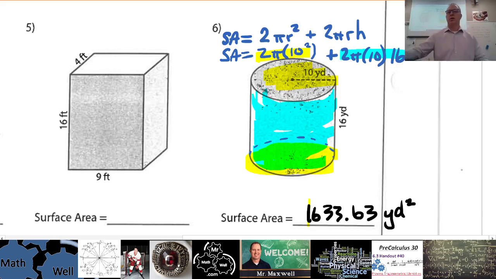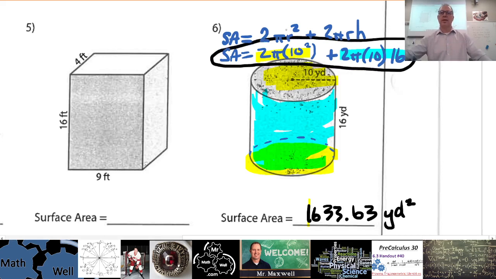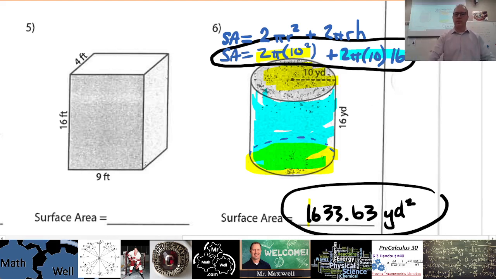All right. So once again, you need to show this step for sure. I would encourage you to write down the formula for the surface area for a cylinder somewhere on that page, but make sure you have this and you have your answer to 2 decimal places. Excellent. Your units are proper there, yards with a squared, and you've got your answer circled or identified there.